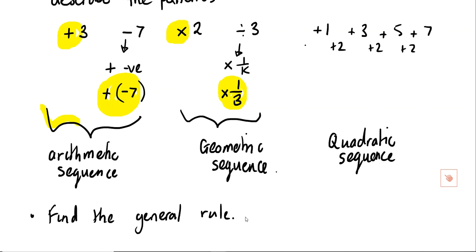So let's take each one in turn, and let's see whether you can remember how to find the rule. Let's take an arithmetic sequence. Anyone know another name for an arithmetic sequence? It's to do with its behaviour if you were to graph it.